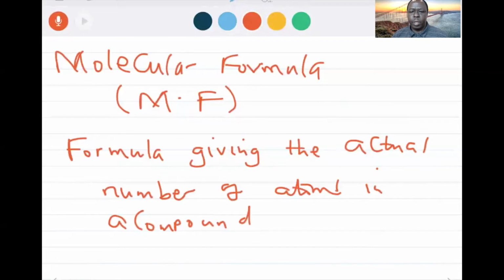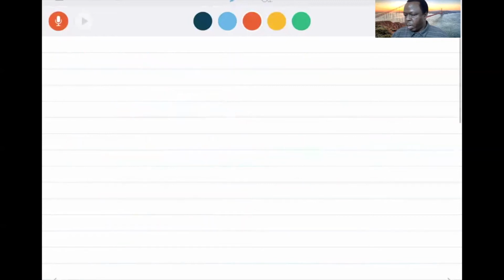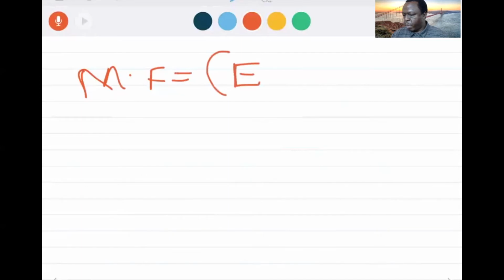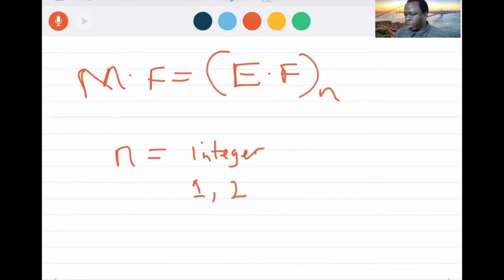In the lecture, probably you'll be asked to find the molecular formula of a compound. The molecular formula, MF, is determined by multiplying the empirical formula by an integer subscript n, where n takes the values 1, 2, 3, all the way to infinity, all whole numbers.